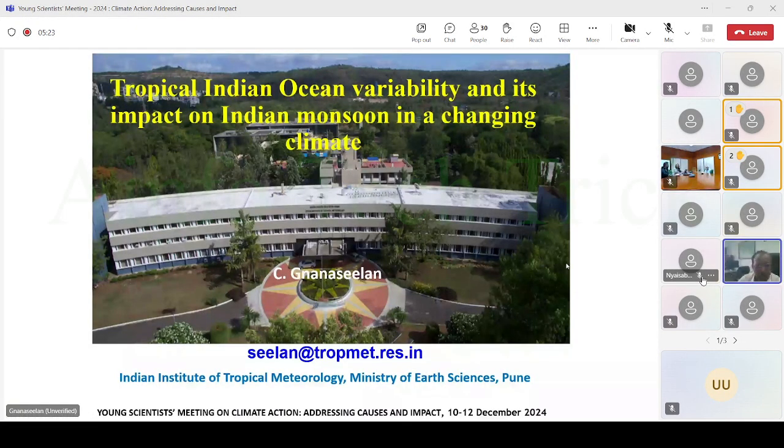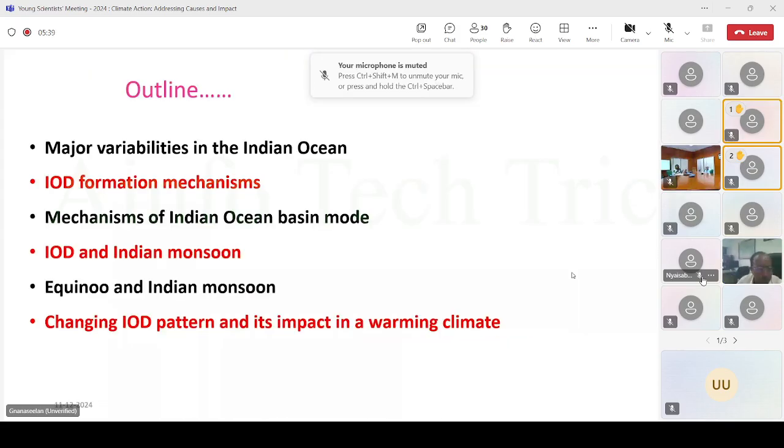So I'll be talking on the tropical Indian Ocean variability and its impact on Indian monsoon in a changing climate. The outline of my talk: I'll touch upon some variabilities in the Indian Ocean and the mechanism through which the IOD forms and the Indian Ocean basin mode forms, and the relationship between IOD and Indian monsoon, and other climate modes such as El Nino and Indian monsoon.